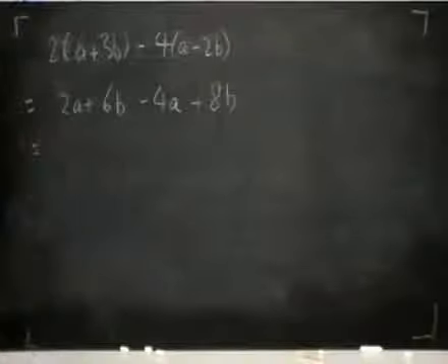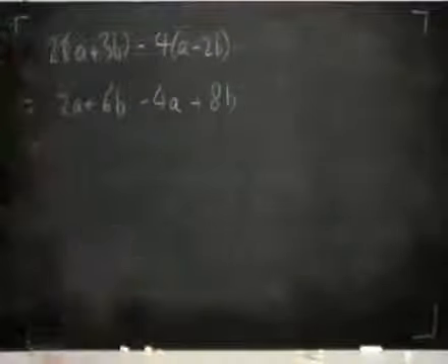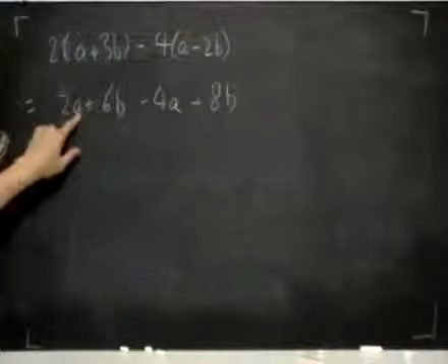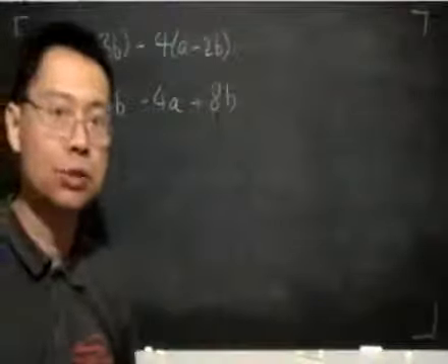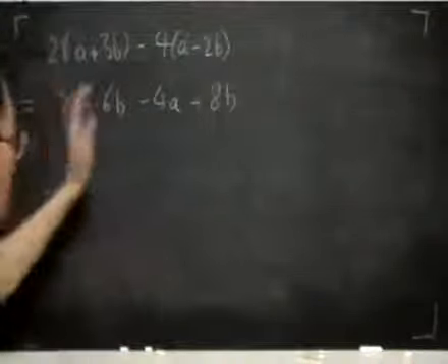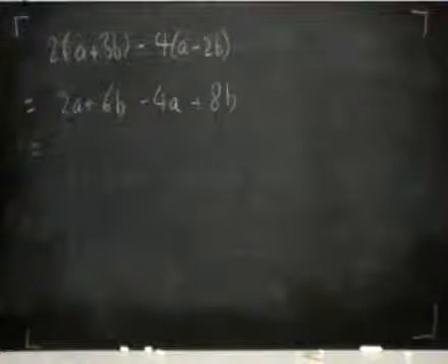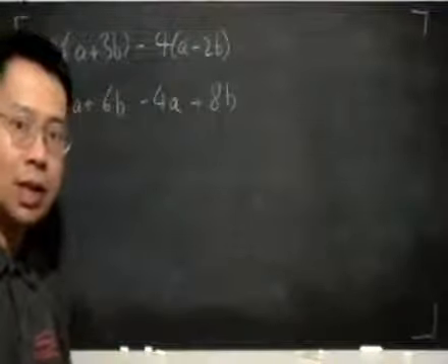In the next step, we want to simplify this expression. Notice that you have a and you have b in the expression in the different terms. So the way to simplify this expression is to group together the like terms.